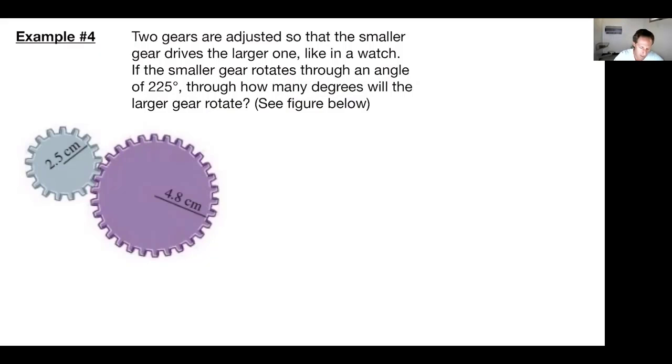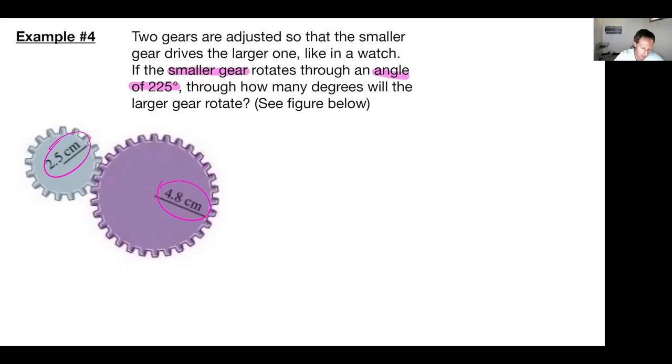They gave us the radii here and here for each, and they only gave us the smaller gear's angle of 225 degrees. And they want us to figure out what that would be in the other one. So this is what's a little bit different about this particular problem.